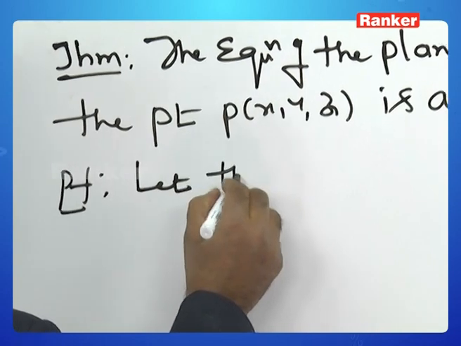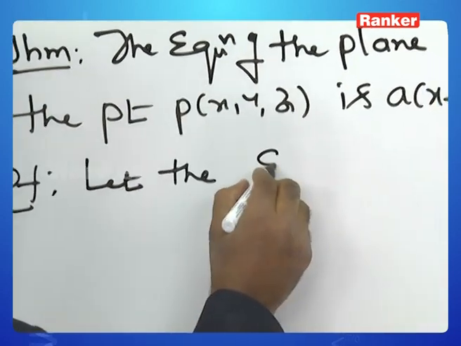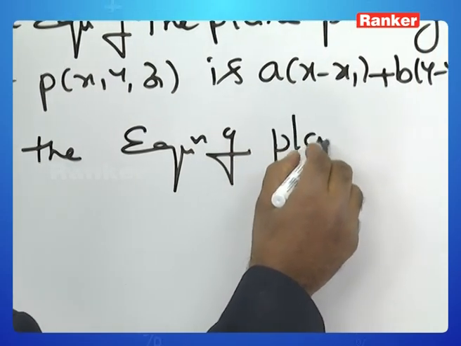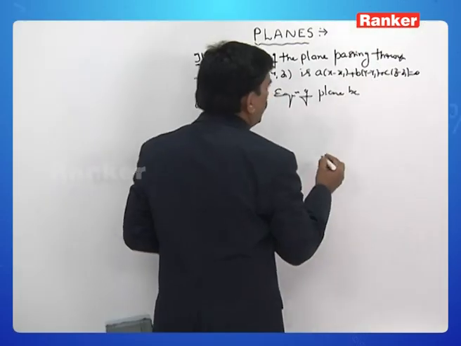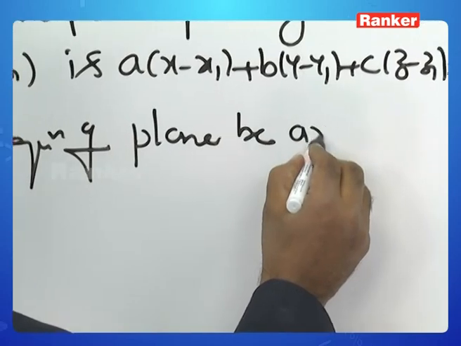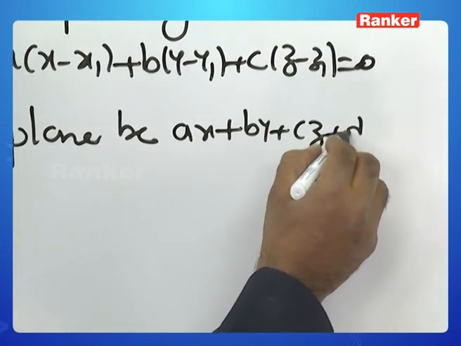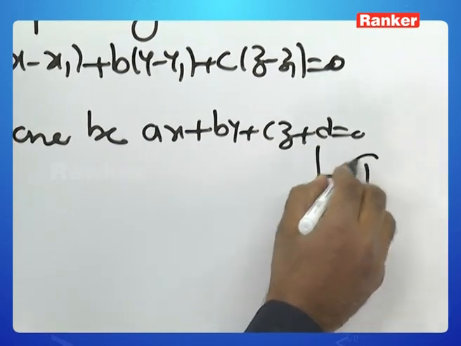Let the equation of plane be in general form ax plus by plus cz plus d is equal to 0. You call it as 1.